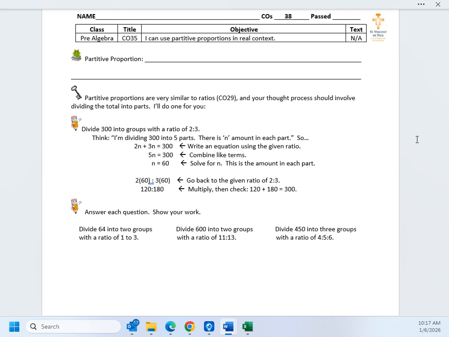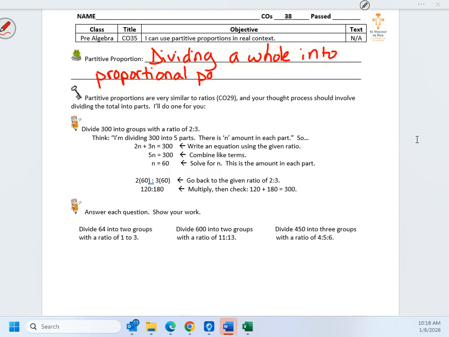So a partitive proportion means we're dividing a whole into proportional parts using ratios.